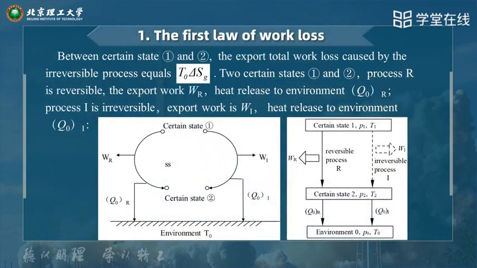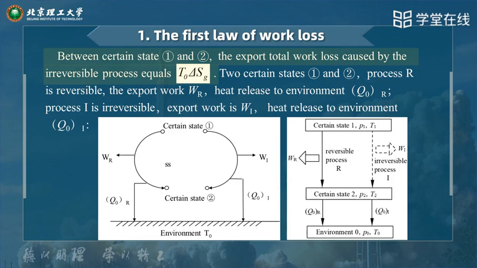Okay, problem 1, the first law of work loss. In the picture, we have two certain states, state 1 and state 2. The total work loss caused by the irreversible process equals T0 times delta Sg.